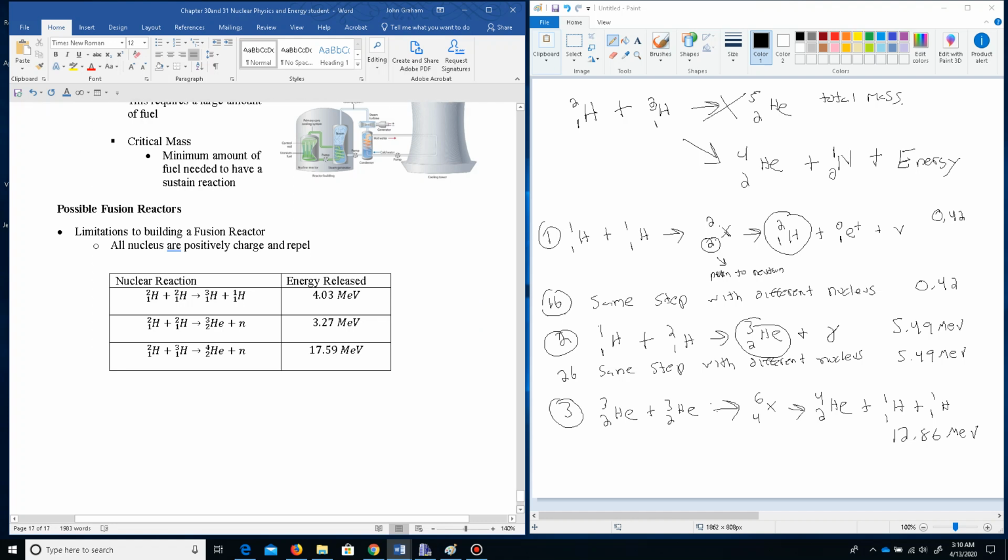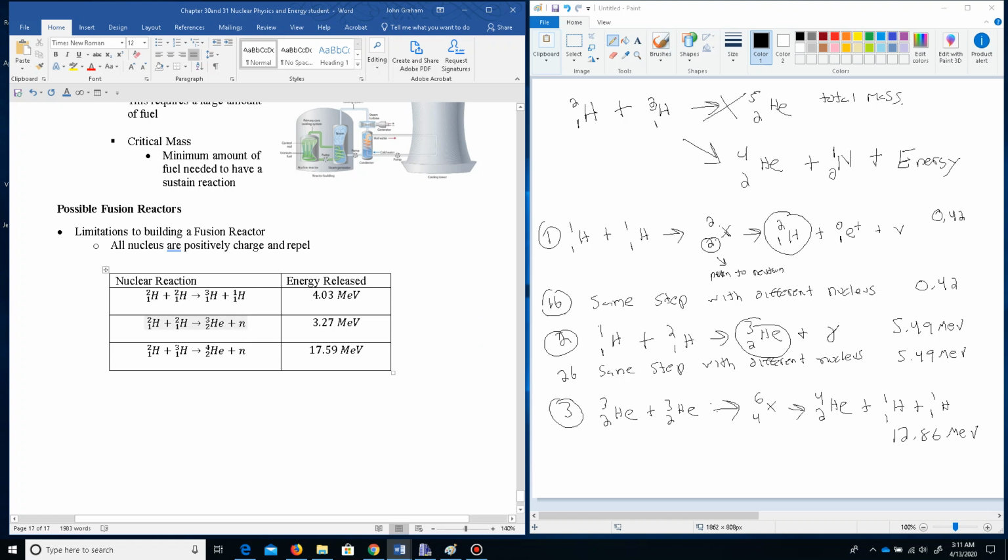There are possible fusion reactors, but none have actually been built. There's a lot of limitations to building these, as well as just being dangerous. And probably a lot of people against that even because of just how dangerous they are. But some of the ones that they look at to possibly build would be hydrogen fusing with hydrogen, to get a hydrogen with 2 neutrons plus a hydrogen.